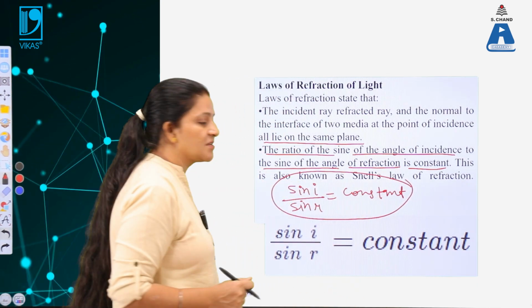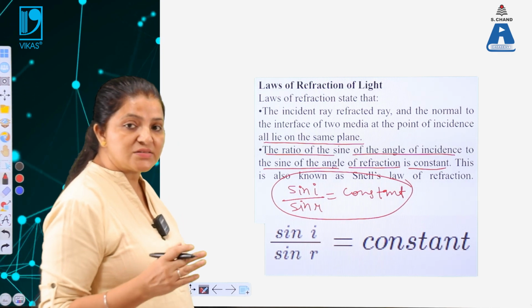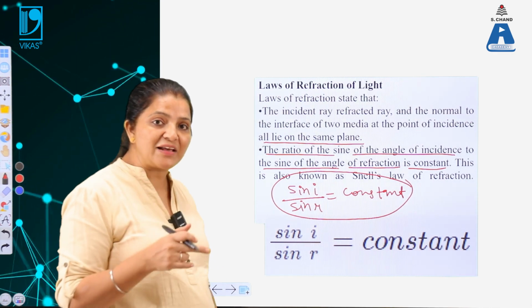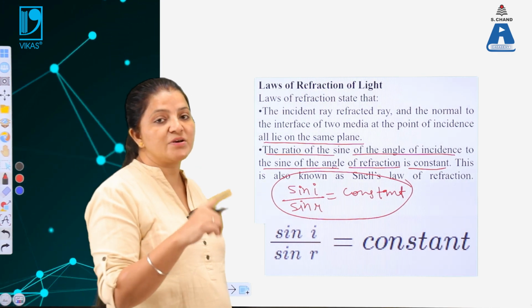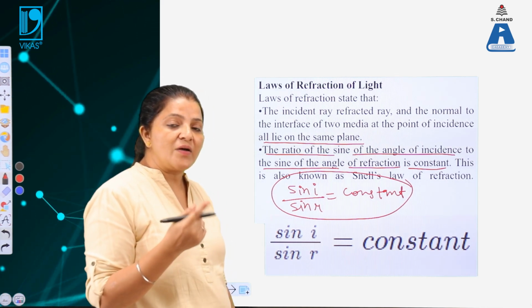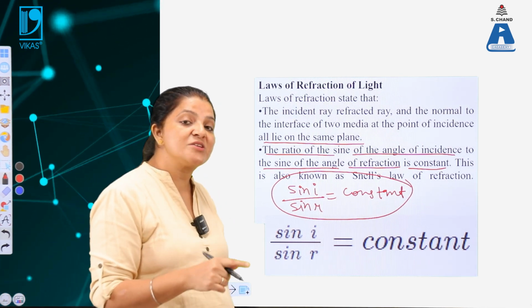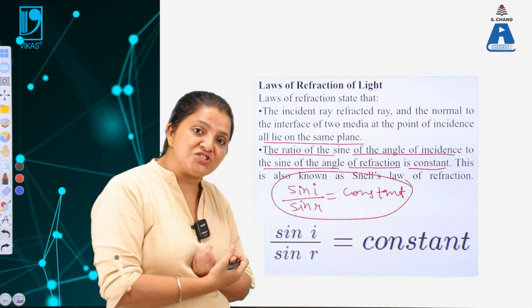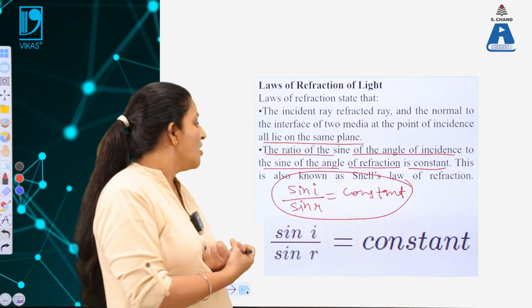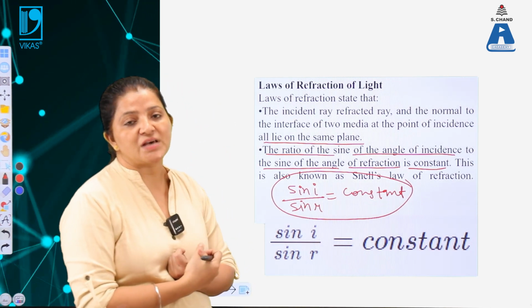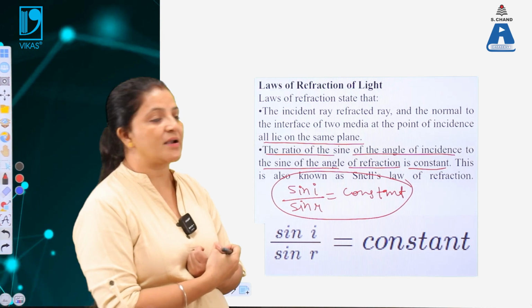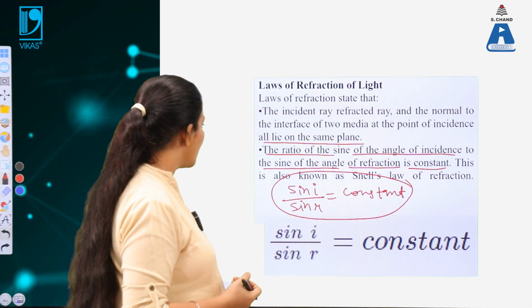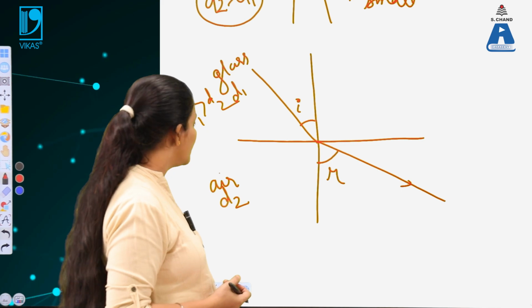So this is Snell's law of refraction. What is the law of reflection? That is theta I must be equal to theta R. That means the angle of incidence must be equal to the angle of reflection. While in case of refraction, the ratio of sin I upon sin R must be constant. So this is the law of refraction of light.